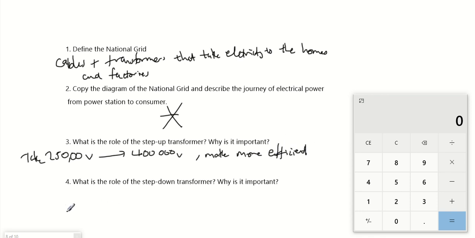Why is the role of the step down transformer important? Well, it goes from 400,000 volts to 230 volts. Make it safer.